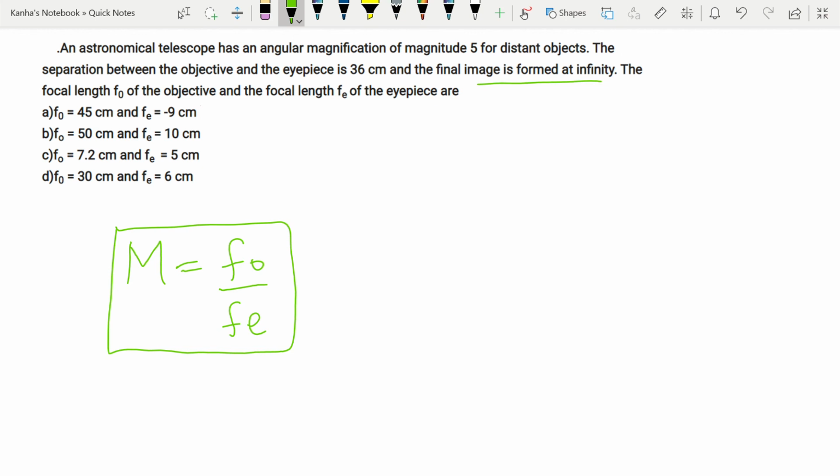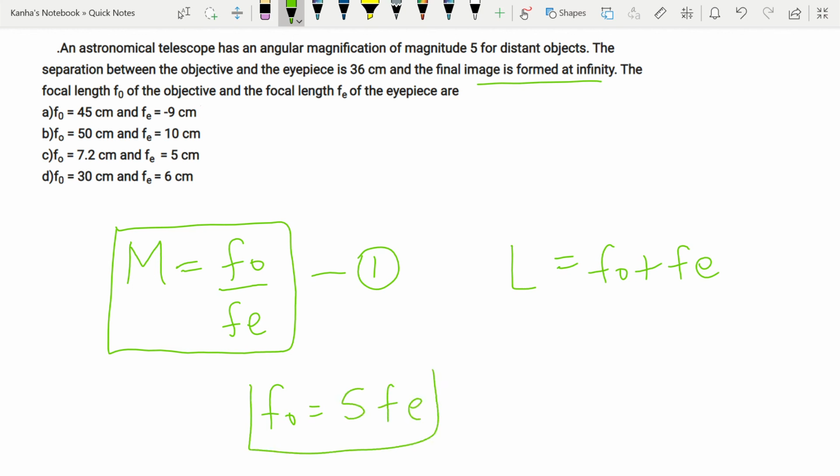So first of all, you should remember this for your paper. Next, the separation between them is given by L is equal to f0 plus fe, where L is the total length of the telescope. Now f0 by fe is given to be 5, so I can write that f0 is equal to 5 times fe.